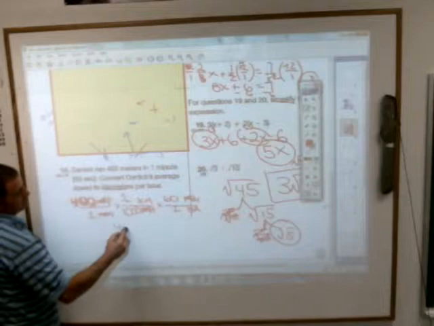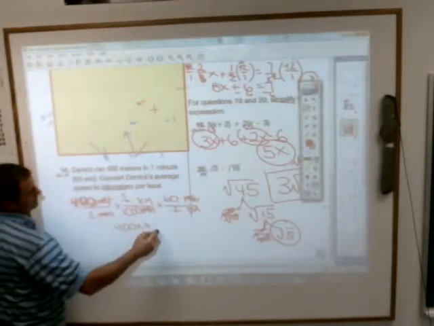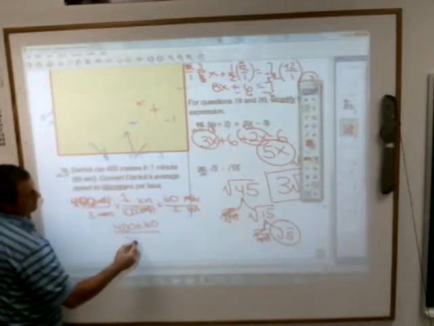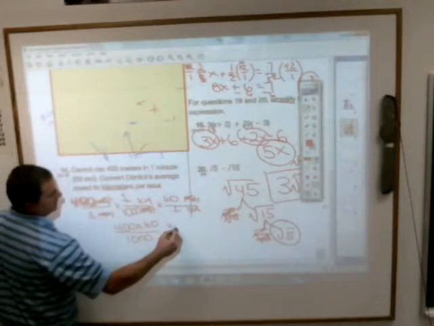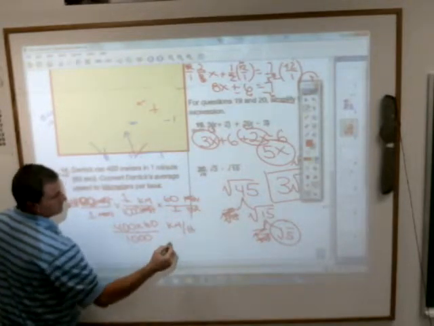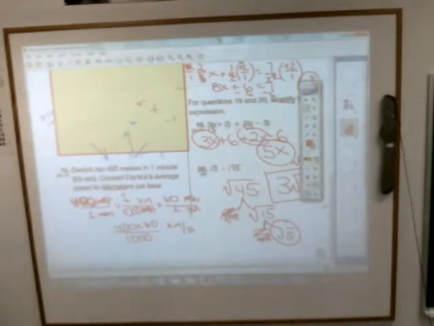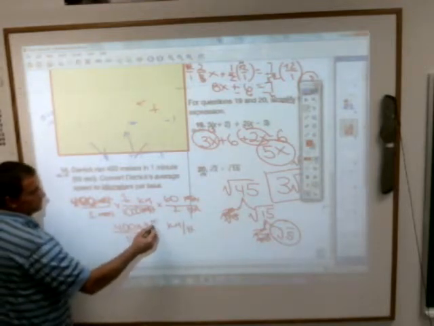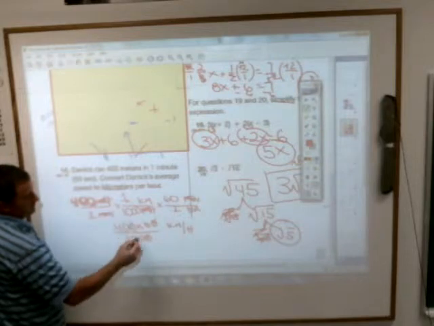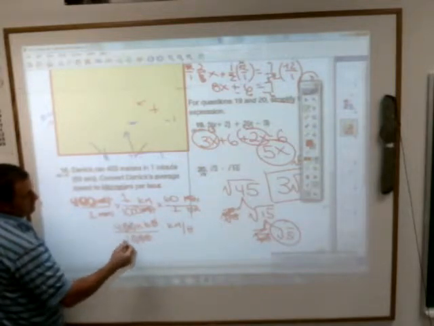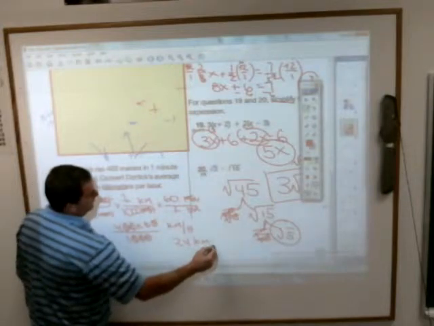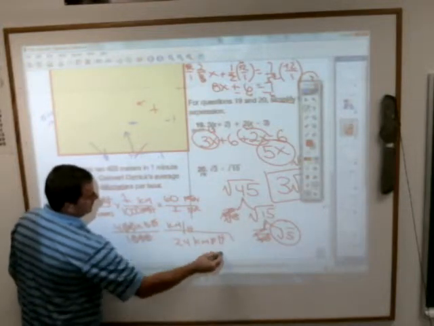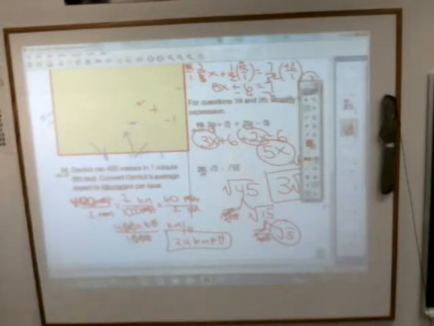The stuff on top is 400 times 60 over 1,000 on the bottom, and it will be in kilometers per hour. And this is pretty simple because you can cross off a 0 with a 0, a second 0, another 0, a third 0, 4 times 6. 24 kmph, kilometers per hour.